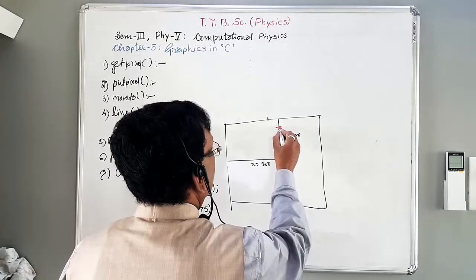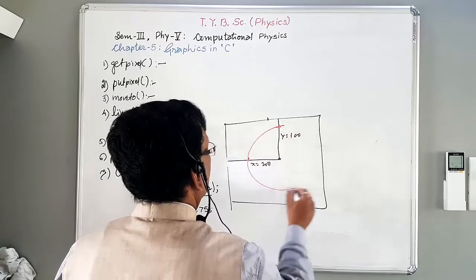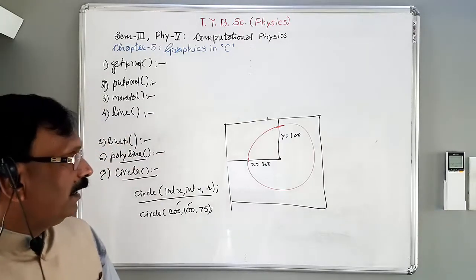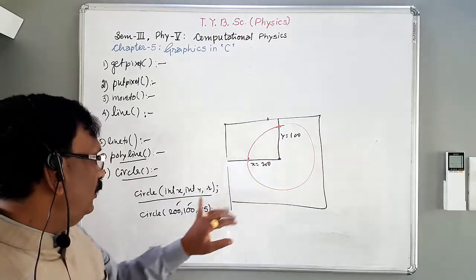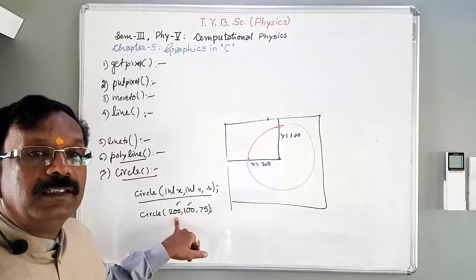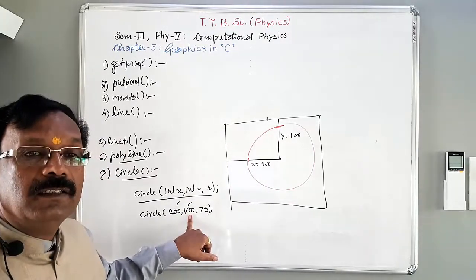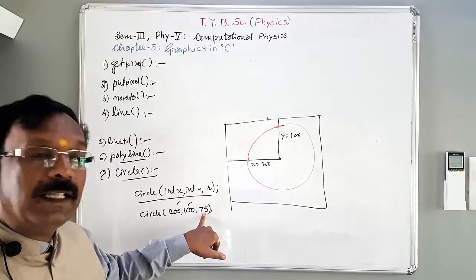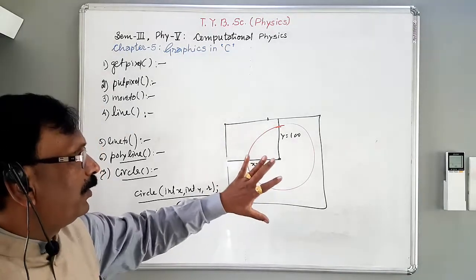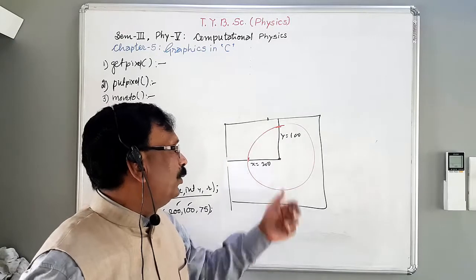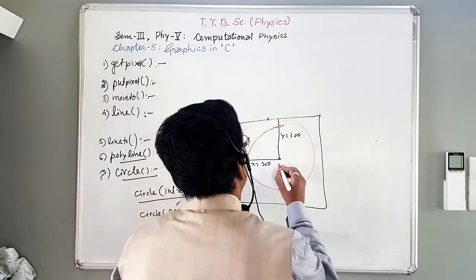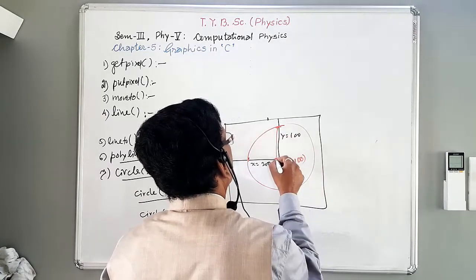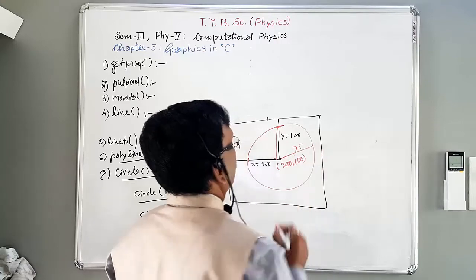That means the circle looks like this. So in order to draw a circle on the computer screen like this, we have to specify the x coordinate and y coordinate as the center of the circle, and we have to provide the radius of the circle. So the computer can draw a circle with origin 200 and 100 and radius 75.